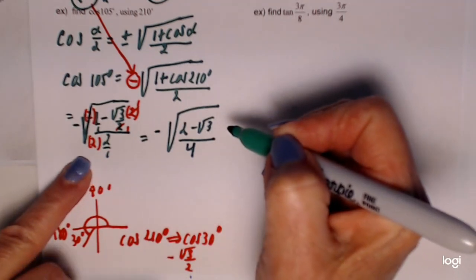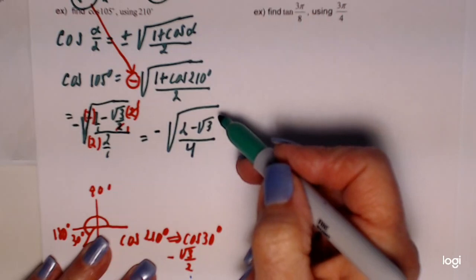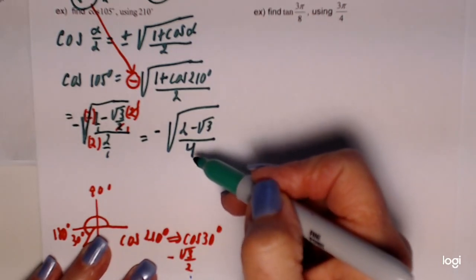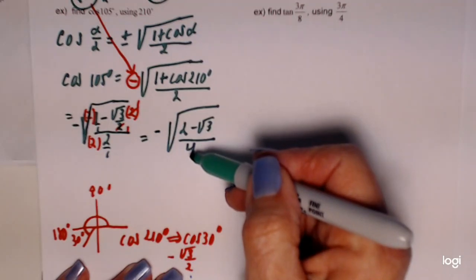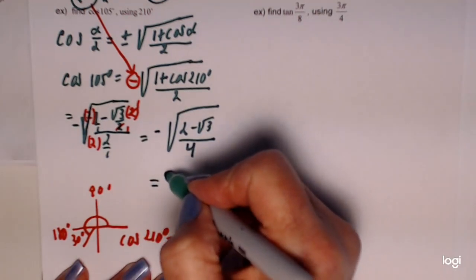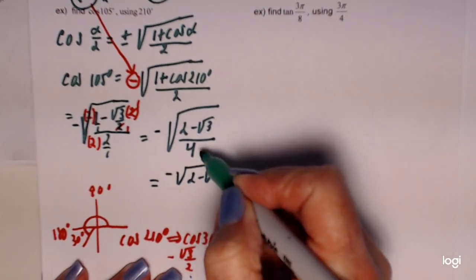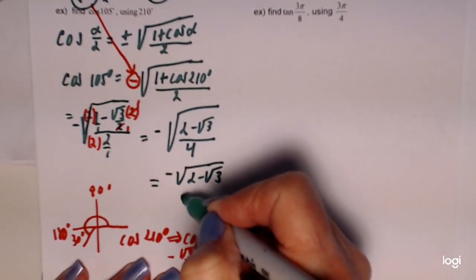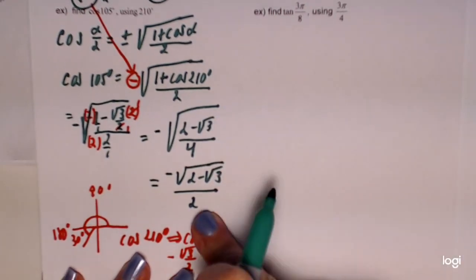So we are just about done, but remember, when we have a radical, we don't want any radicals in the denominator. So we want to deal with this square root 4 in the denominator. Fortunately, 4 is a perfect square, so we can pull it out, and we have 2 minus the square root of 3 in the numerator, and the square root of 4 in the denominator is just this 2.